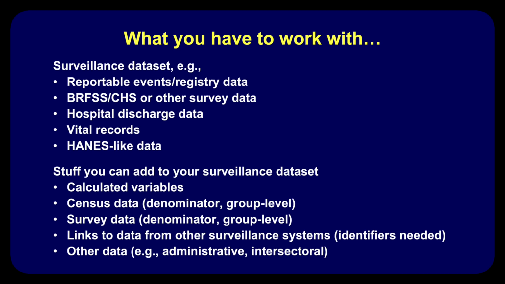You may not have, for example, income related information in the surveillance data set, but you could create neighborhood level or group level information on, say, the proportion of people in different income categories in a neighborhood and use that in your analysis. Survey data like CHS can be used as a denominator or as group level variables.